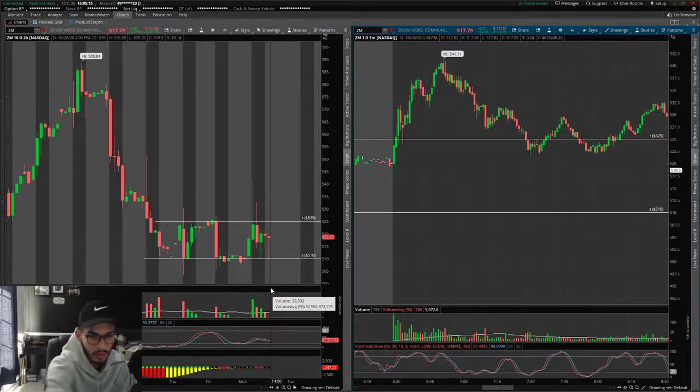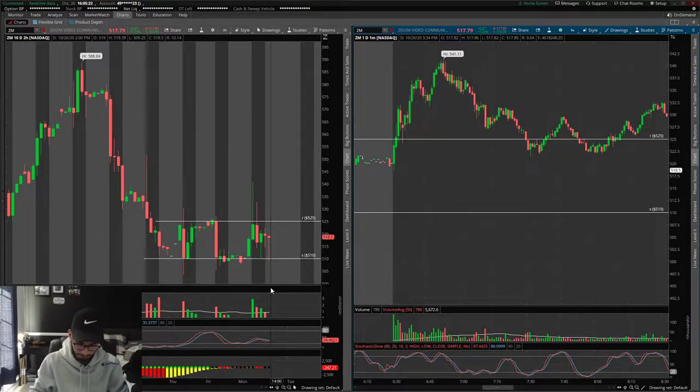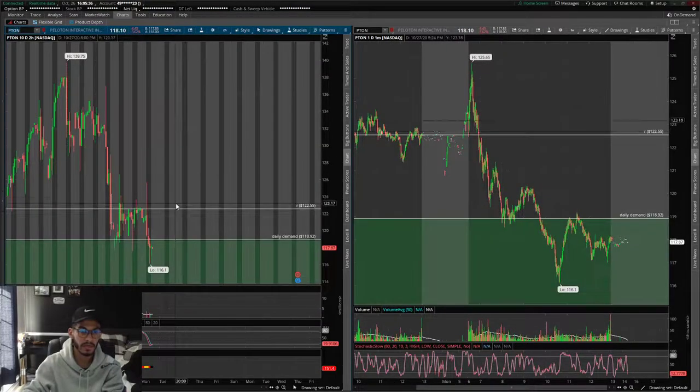So let me go over a couple more examples with you guys that I have written down. Peloton squeeze fake out. What happened with Peloton? I believe Peloton did another fake out as well. Yep. Okay.